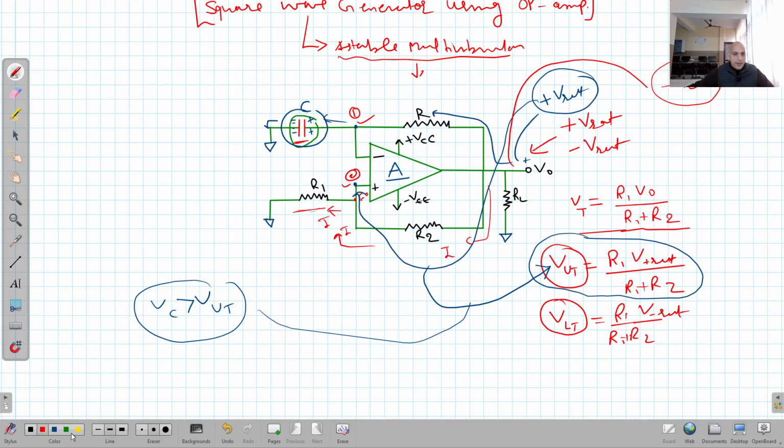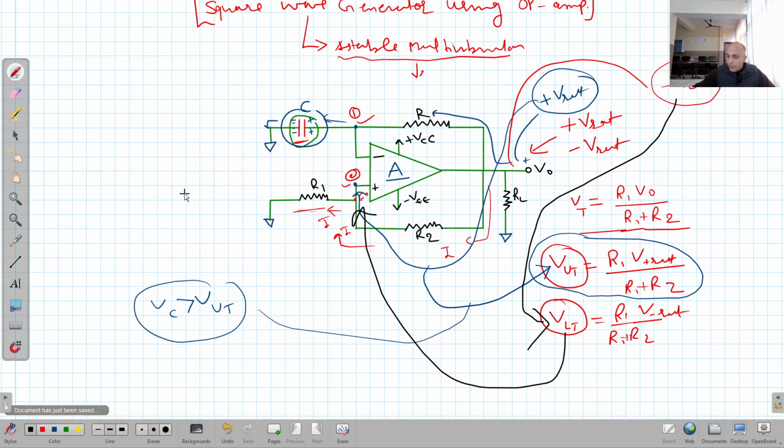You can see from here, when it is in negative saturation, the threshold voltage at this terminal will become this one. Now the voltage appearing at this terminal is the lower threshold, right? Now we see that the voltage at node 2 becomes the lower threshold at that time.